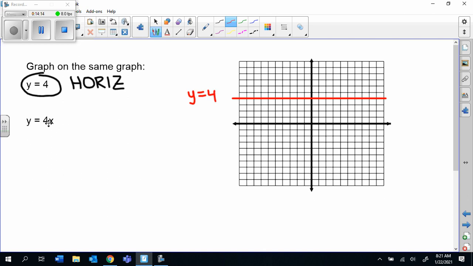This line right here, though, has an x. So this has a slope. This is 4 over 1, and there is no y-intercept. So this is the line y equals 4 over 1 x plus 0. Let me change colors here. I'm going to put my y-intercept at 0, and remember you're going to count up 1, 2, 3, 4, right 1.